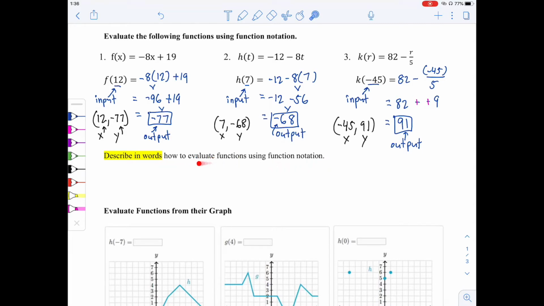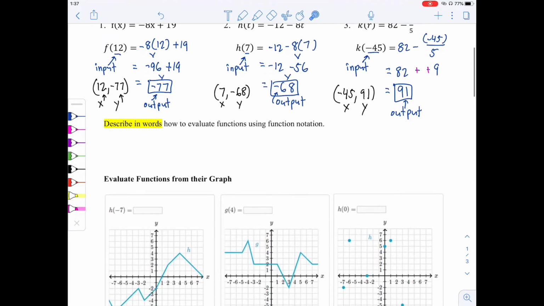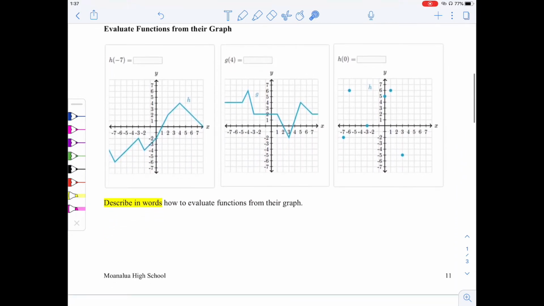You take whatever's in the parentheses, substitute it into your equation, then calculate it out using PEMDAS. Substitute 7, calculate using PEMDAS. Substitute negative 45, calculate using PEMDAS. That's how you describe it in words.